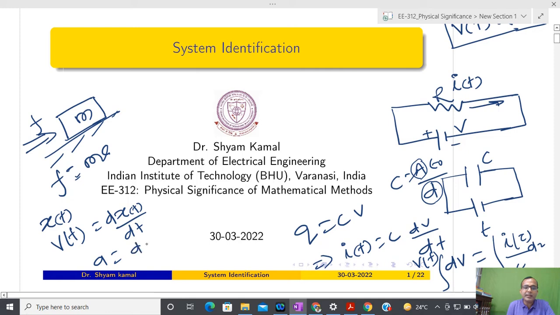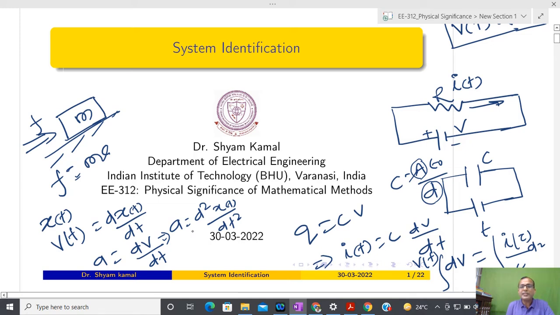A is nothing but dv by dt. So in order to calculate a, I have to solve this equation, that is d2x(t) by dt square. Due to that, if you solve for x(t), there are two unknown quantities involved in this equation.